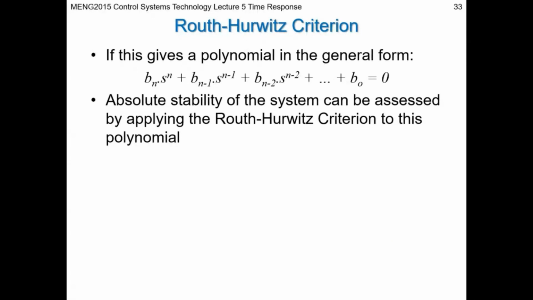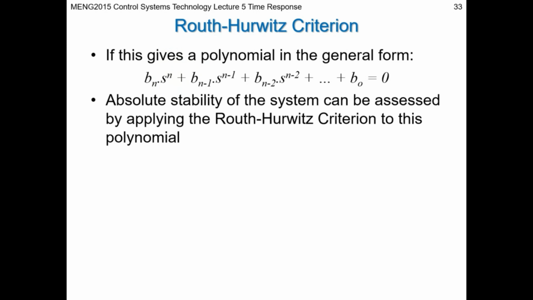So our characteristic equation will generally be a polynomial, and it'll have this form where you're going to have some coefficient times s to the power of n, where n is the order of the polynomial or the order of the system. So if s to the 3 is the highest order term, then it's a third order system. s squared, second order, s to the 1 or s is first order, right?